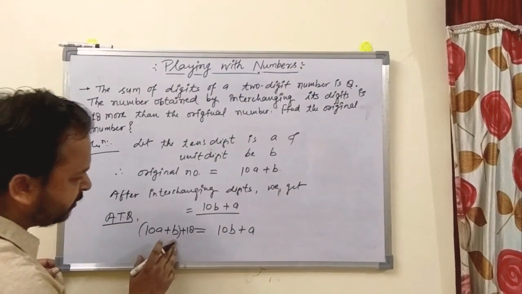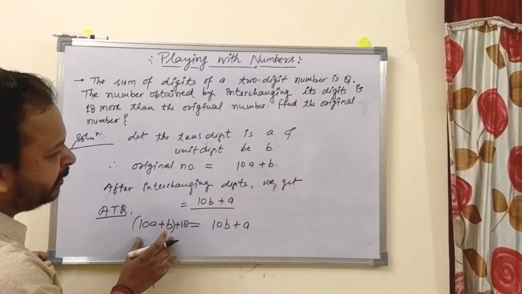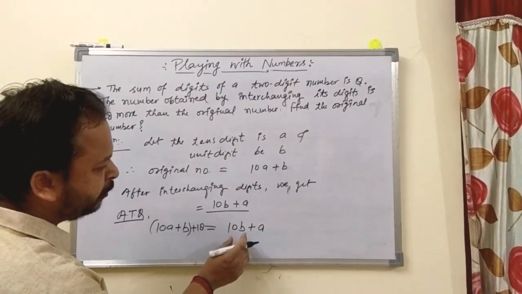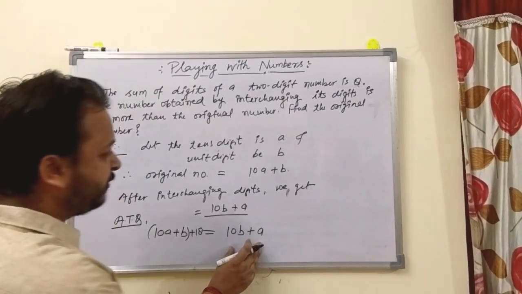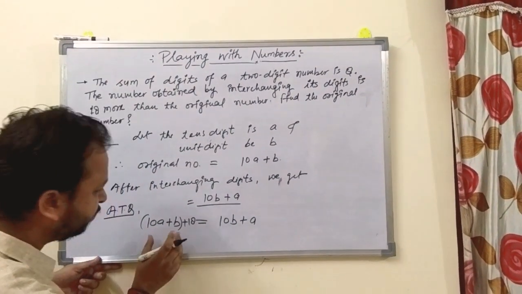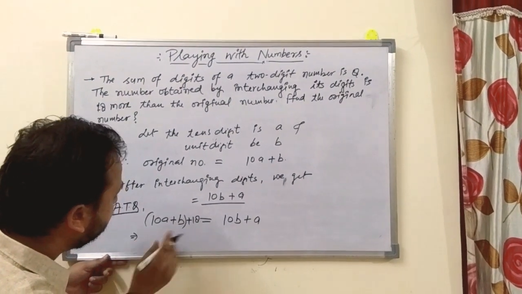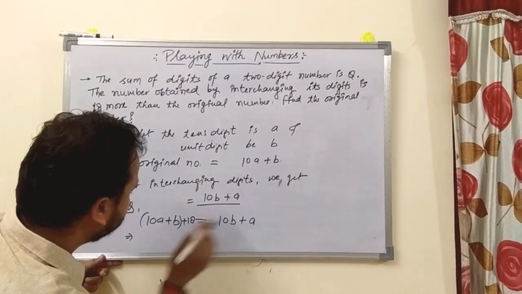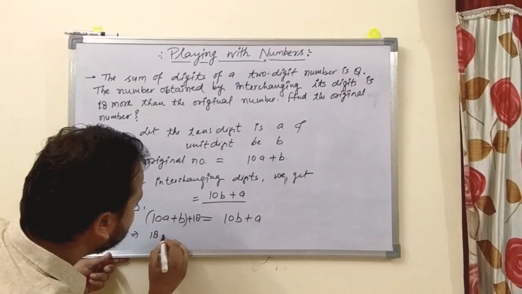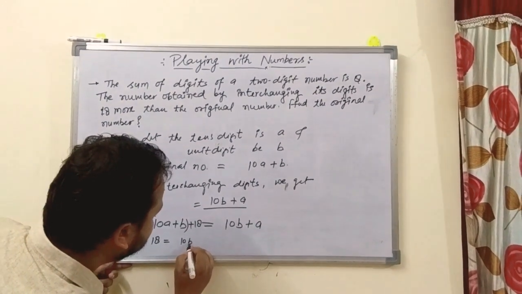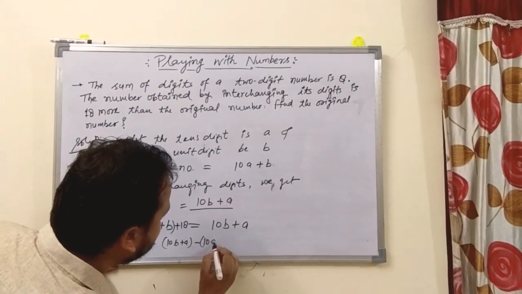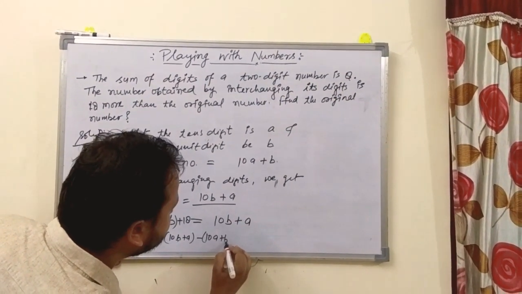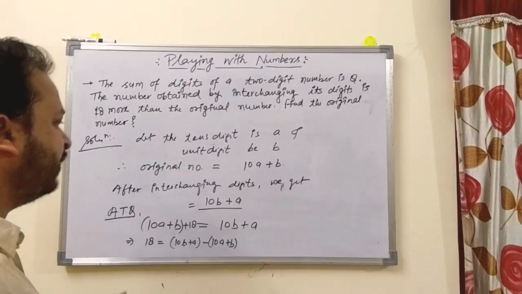So 10A plus B, this is the original number, plus 18 equals the number which is obtained after interchanging the digits. So if this moves to the right hand side, 18 equals 10B plus A minus (10A plus B), right?